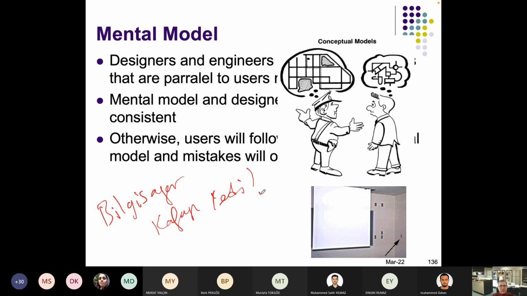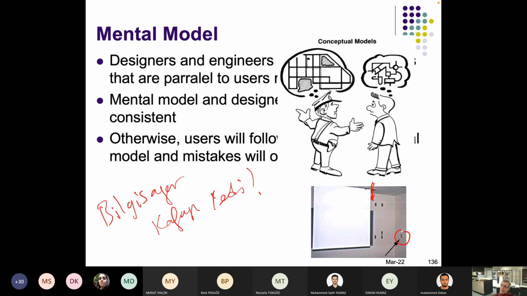If we don't create correct models, users will make mistakes, and we don't want those mistakes. One example is, this is an automated white screen.